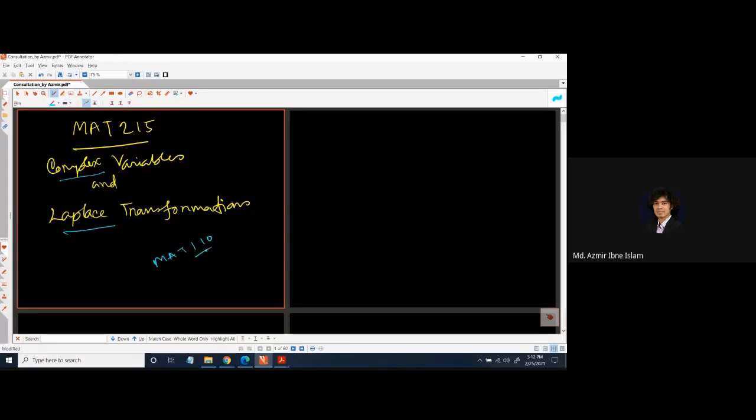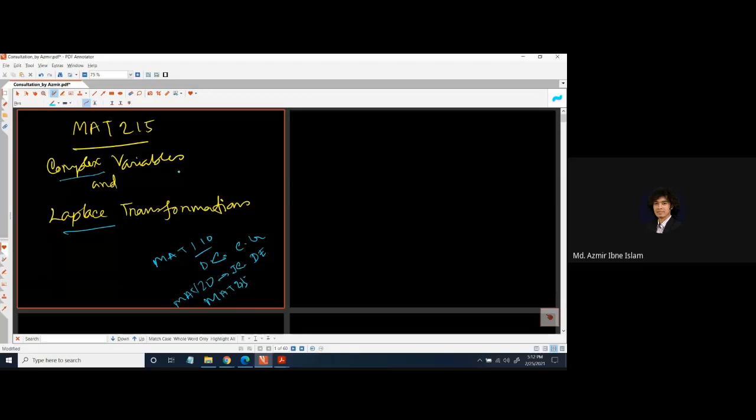In Math 110, you have seen that there is a part differential calculus and also coordinate geometry. In Math 120, you have learned integral calculus and then differential equations. So in Math 215, we have complex variables and Laplace transformations. So invisibly, we have two fields here.